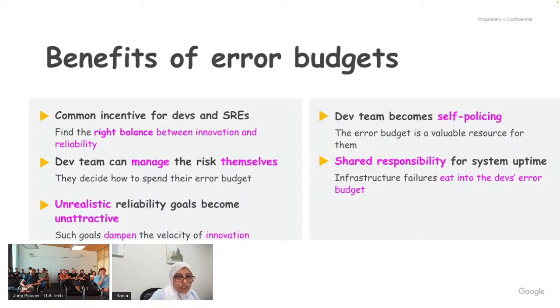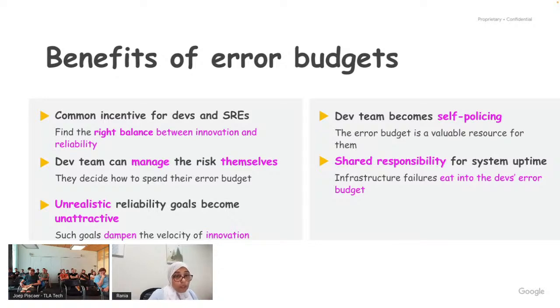Also, with the error budget, you are prohibiting unrealistic reliability goals, okay? Because sometimes, as I mentioned, the product team, while doing requirement elicitation with the customers, are always targeting 100%, everything implemented.